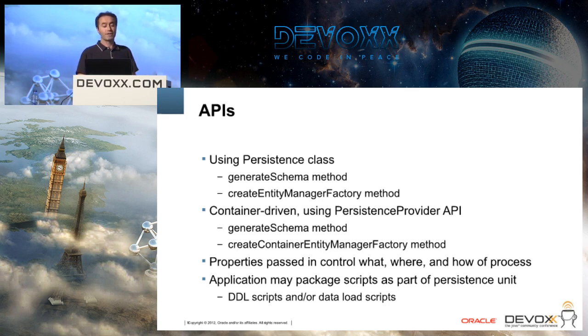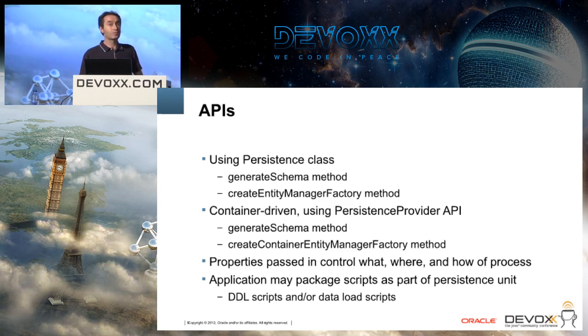They call it createContainerEntityManagerFactory. It's basically the same thing. It has the same signature as createEntityManagerFactory, but it's called by the container and passes in properties and can be used to, again, create schema. So either way, whether you're doing it yourself in the SE world or the EE world, either upfront creation or generation on creation is possible.